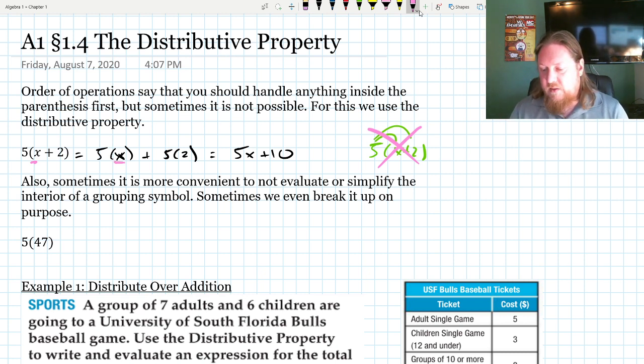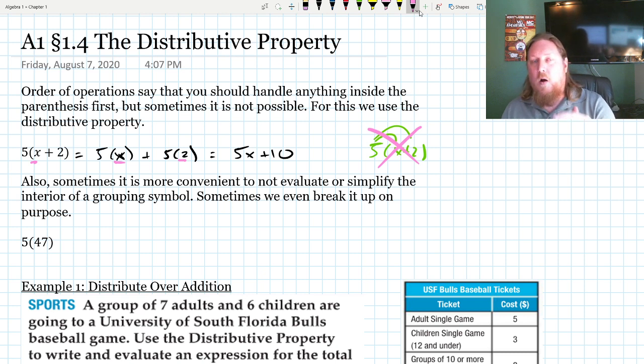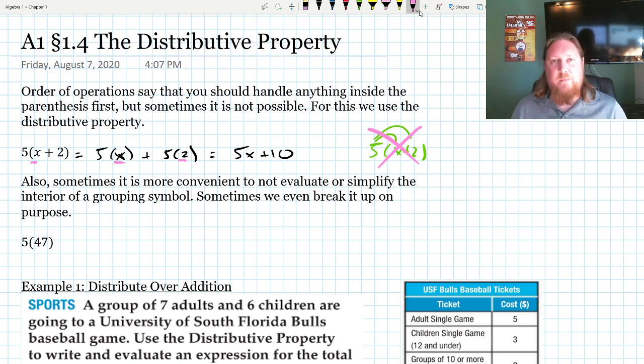Use the same operation, 5 times the second part, 2 in parentheses. And I just think that's much more clear. It's going to help you as you move along all the way up through geometry and algebra 2, including this class. It becomes much more clear when you're doing that instead of drawing little rainbows on a bunch of stuff.